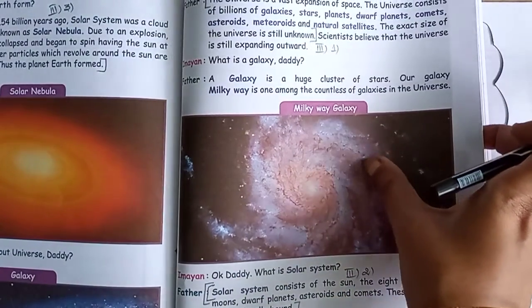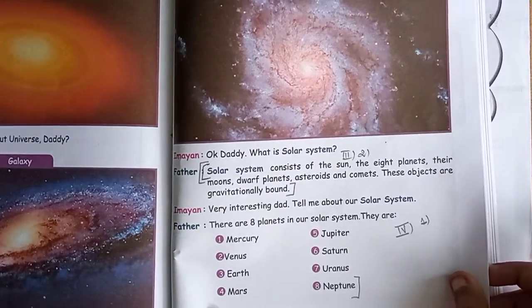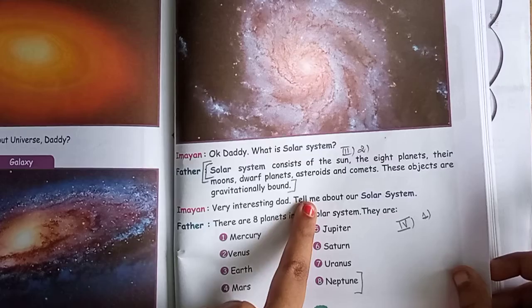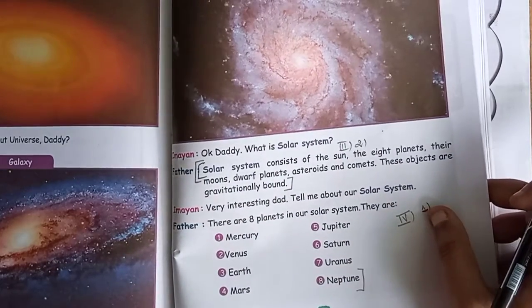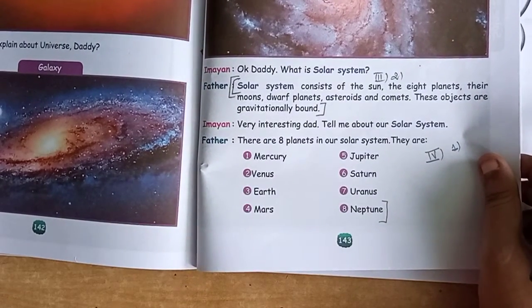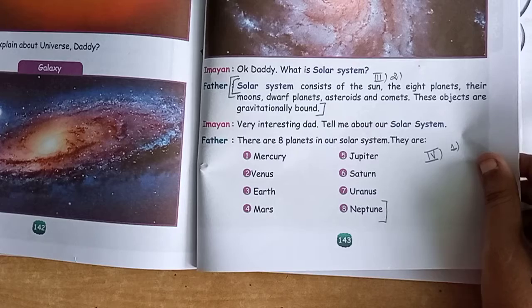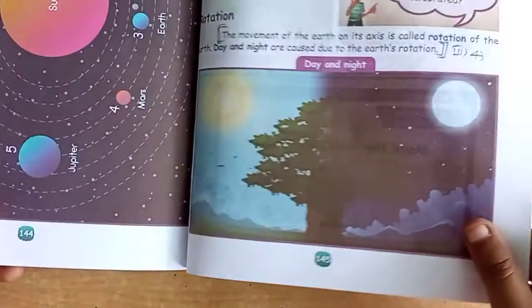We see examples like the Milky Way galaxy. What is a solar system? What does it consist of? And what are the 8 planets in our solar system? Mercury, Venus, Earth, Mars, Jupiter, Saturn, Uranus, Neptune.